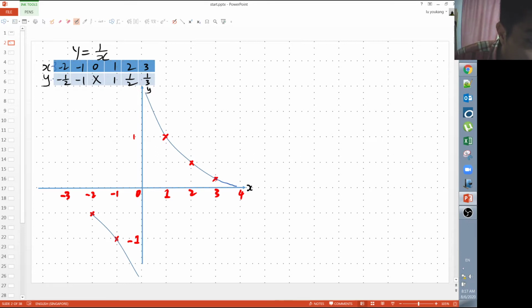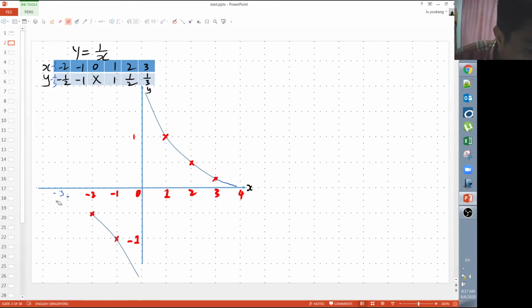You are supposed to get -1/3, by the way, so you can get another point. So -3 and -1/3, we adjust here a bit. So -1/3 is somewhere here, right?